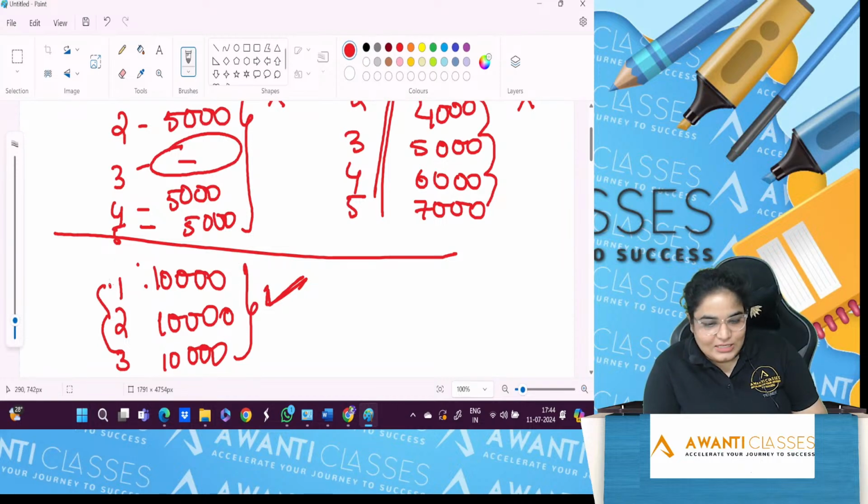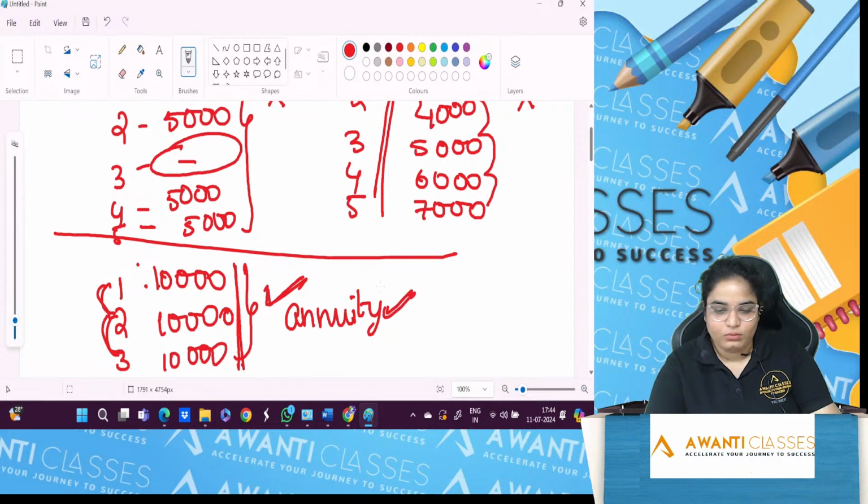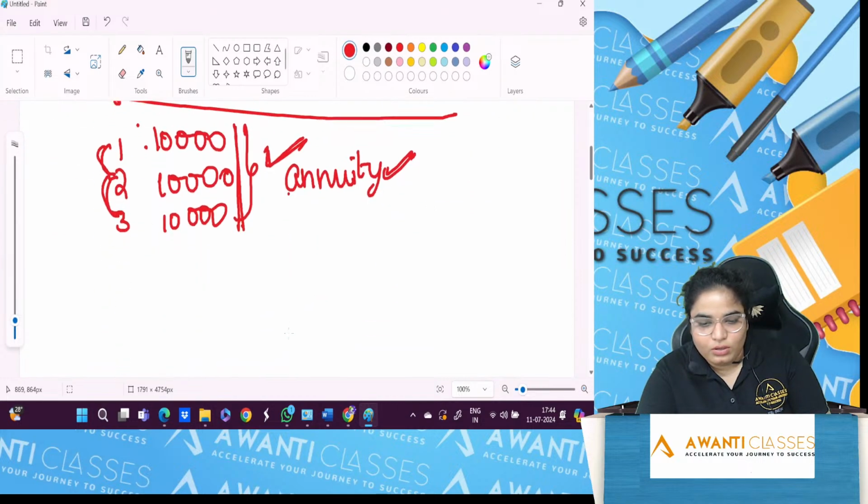Every single year they have done the payment, and every single year constantly 10,000 rupees they have paid. So this is an annuity. Perfect. Now there are two types of annuity.